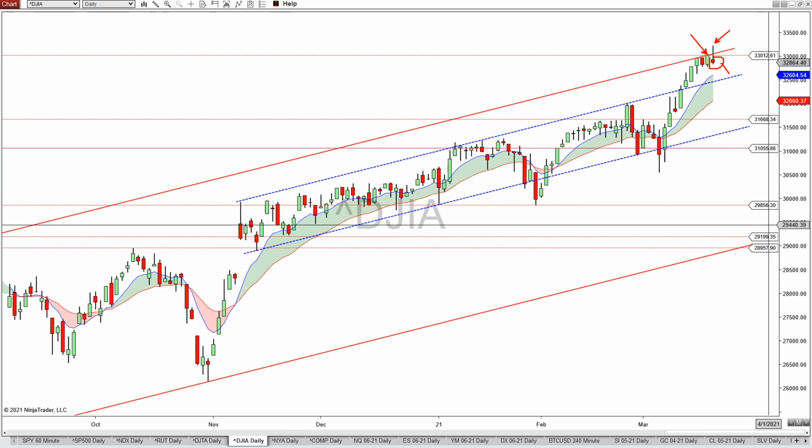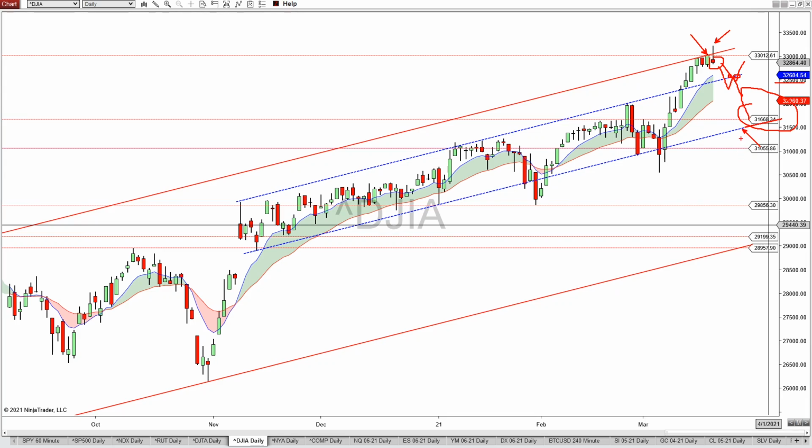Okay, so right now we're essentially looking for a possibility of pulling back to this trend line here, somewhere around this 32,500, and see where we get a bounce. And if it comes back into this channel, then we're essentially looking for the possibility of pulling back to the 31,668, essentially in confluence with this lower intermediate channel trend line.